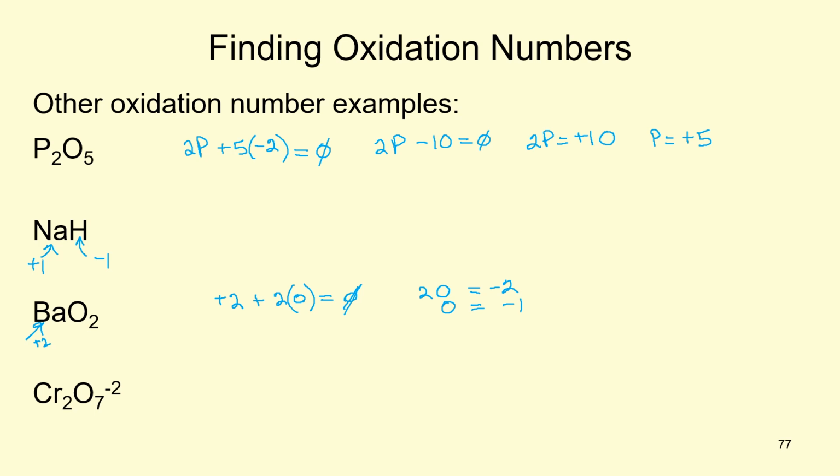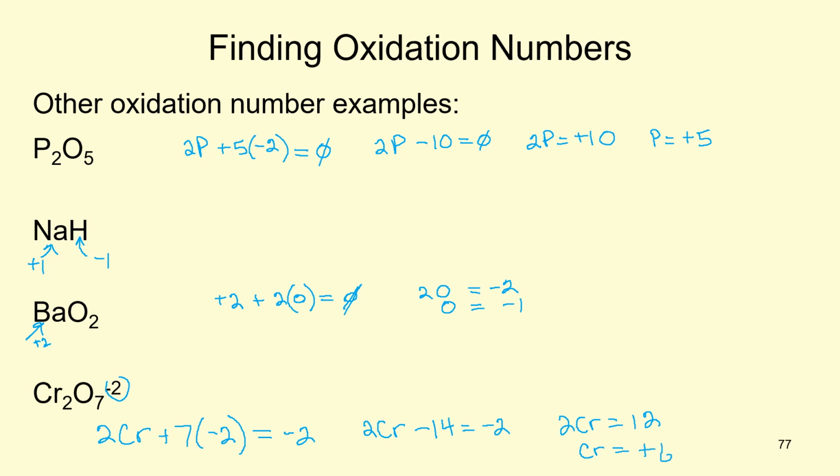Okay, so finally we have this last one, and again, the total is -2. Each chromium, we don't know what that is. There's 7 oxygen, and they're each a -2, and the total has to be -2. So we've got 2 chromiums minus 14 equals -2, so 2 chromiums equals 12.